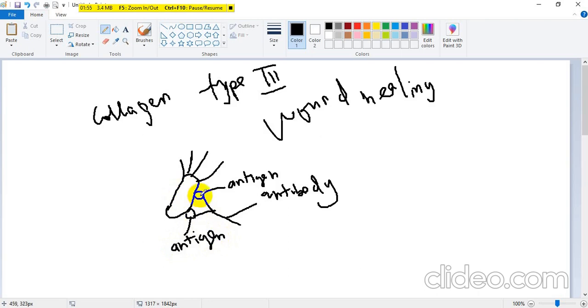So the interaction between this antigen and this antibody, the bond between them, will cause the complement proteins to be released to come and destroy this organism.